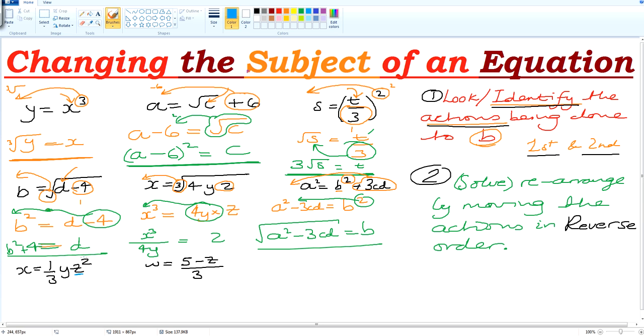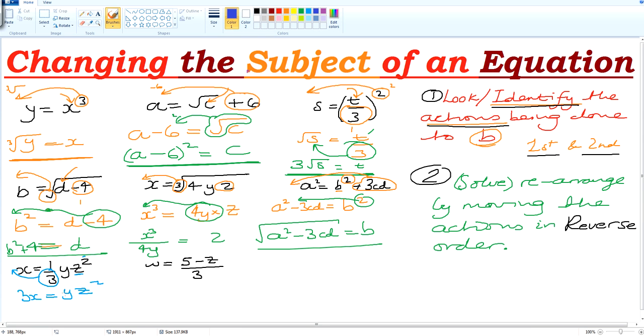So we have to move the square. First, second, third. So opposite of divide by 3 is going to go. What's opposite of divide by 3? Times by 3. Now, what do we move next? We move the times by y.